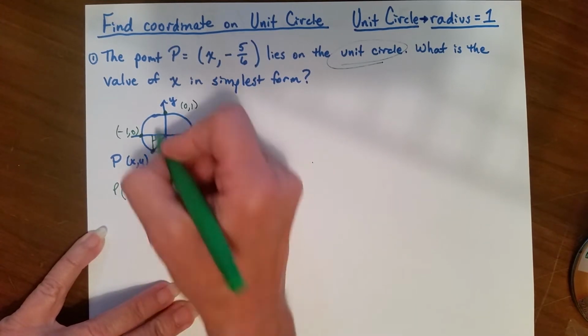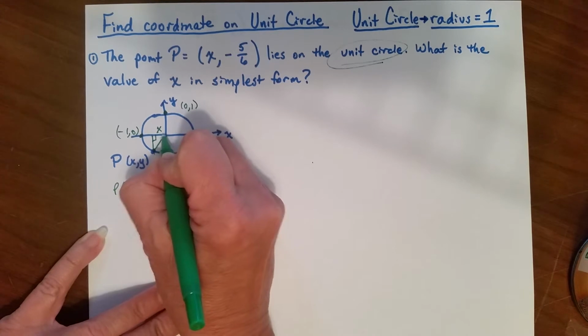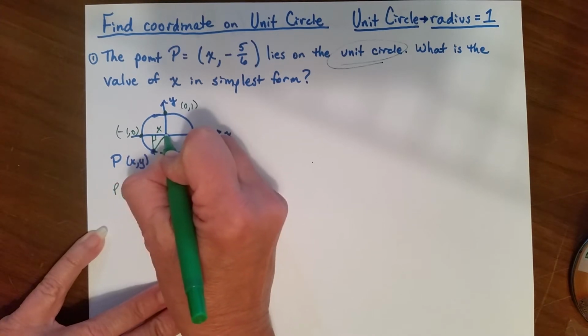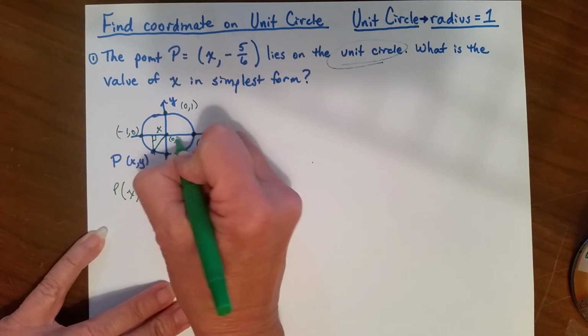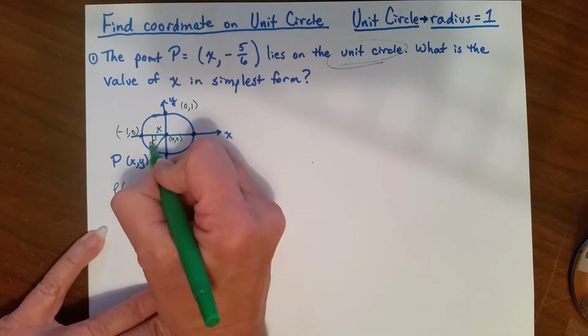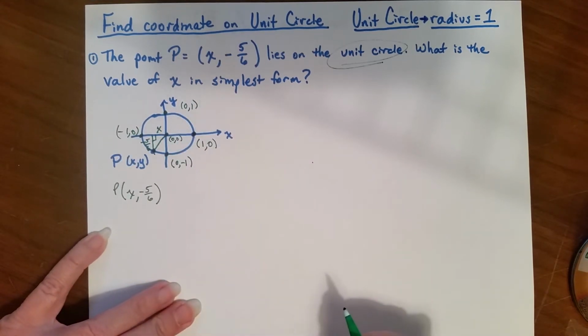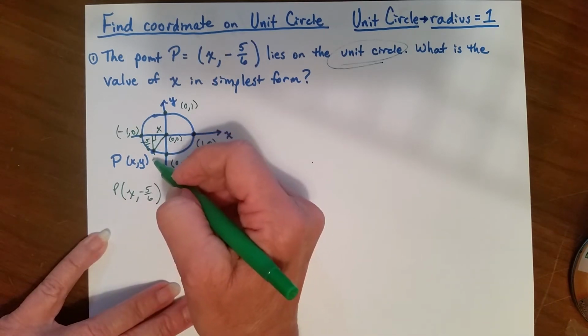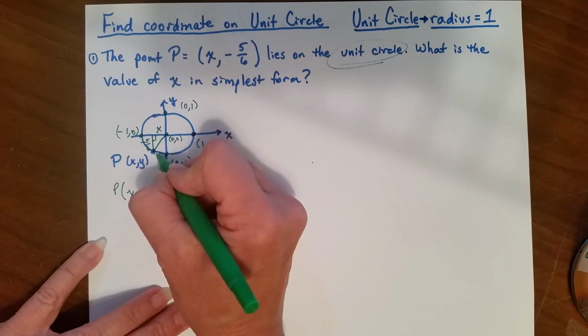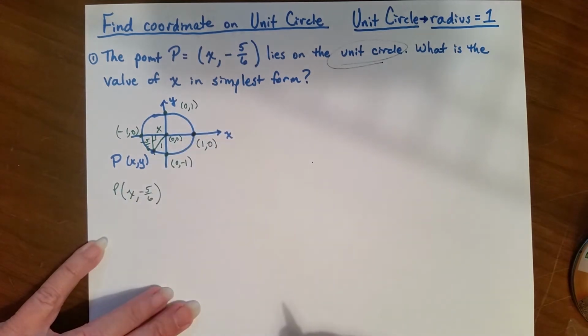Now we don't know x. That would be this value. Remember, you're starting at the origin, (0, 0), but we know that this is -5/6. We know we're on the unit circle, so the hypotenuse is 1.